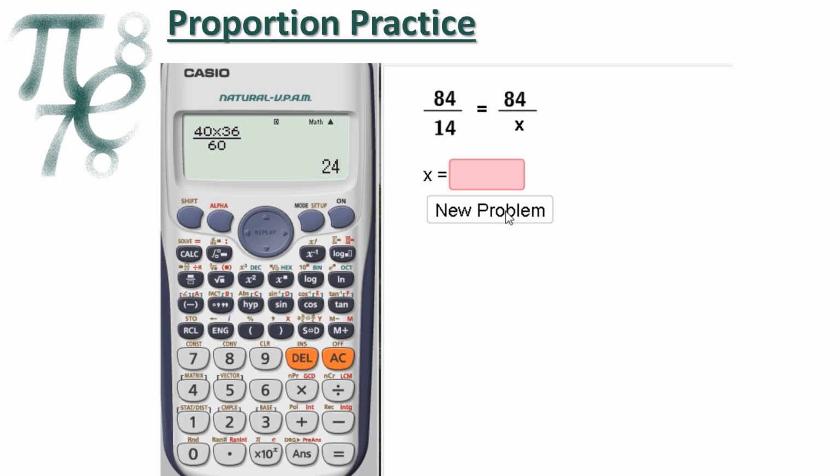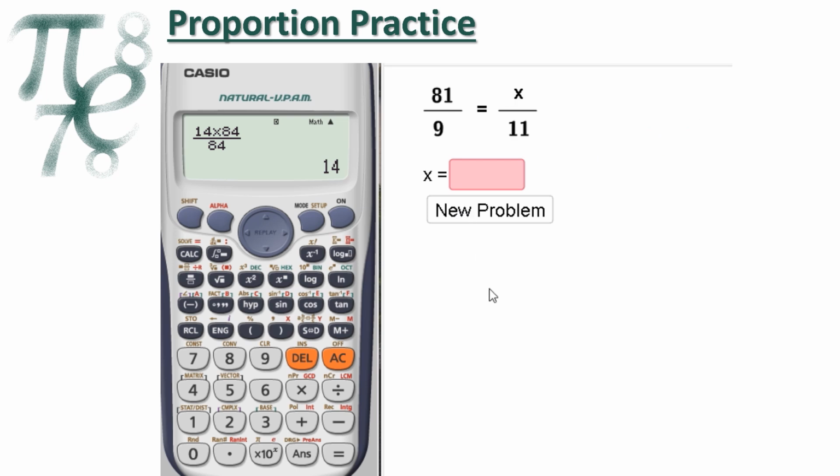New problem. Another problem. We press the fraction button. 14 multiply 84 divided by 84 equals 14. Yes, it is correct.